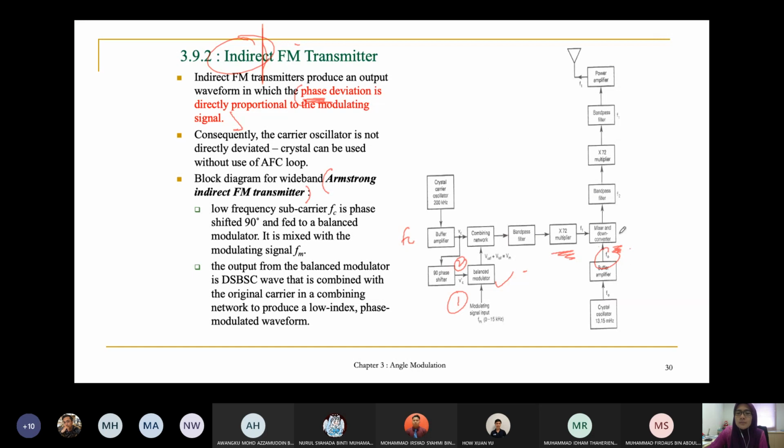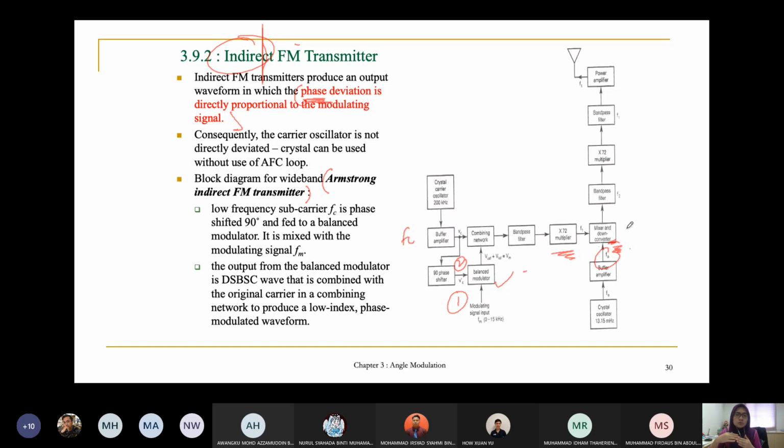But you must take note that in the previous slide that I showed you for the heterodyne process, that one is up converted, meaning you need to add the frequency. But over here, it is down converted. When it is down converted, it means that the frequency is actually being reduced.